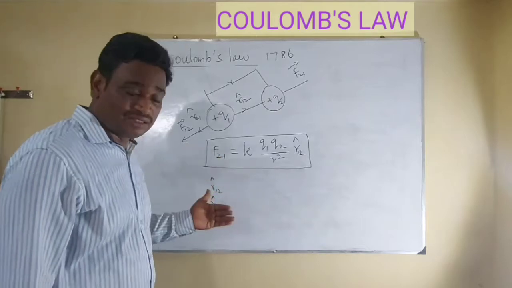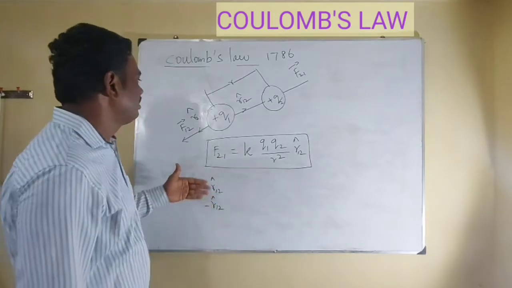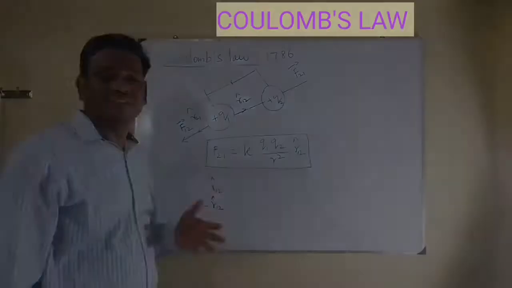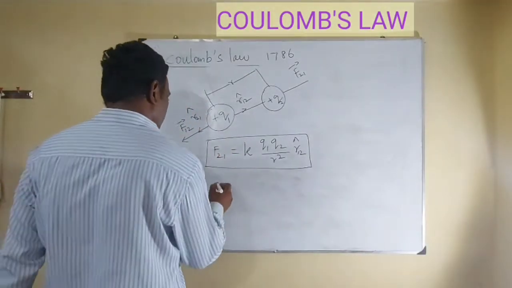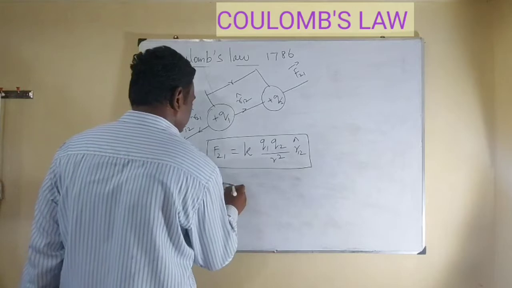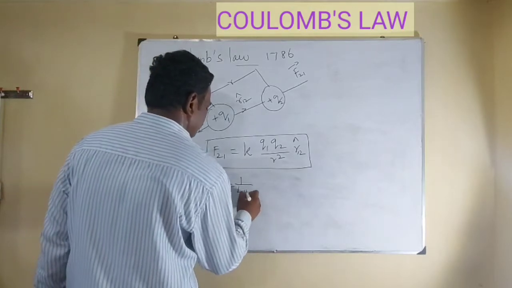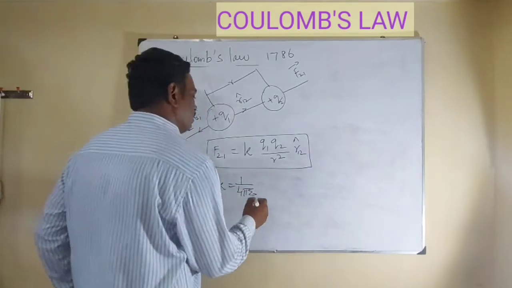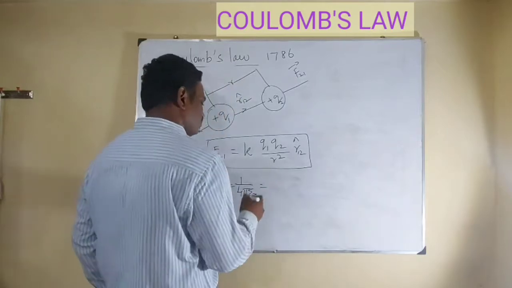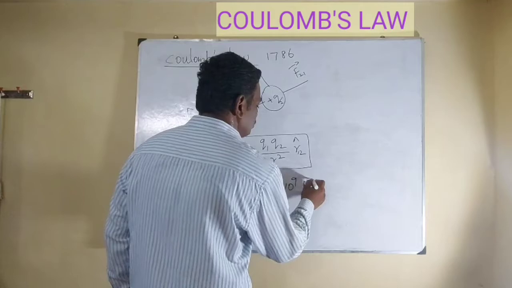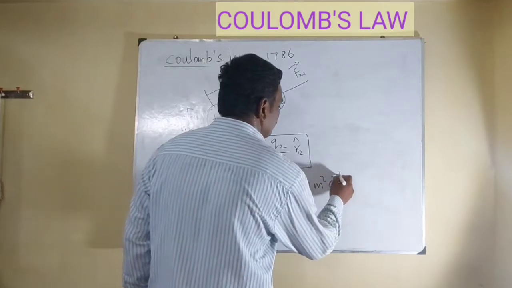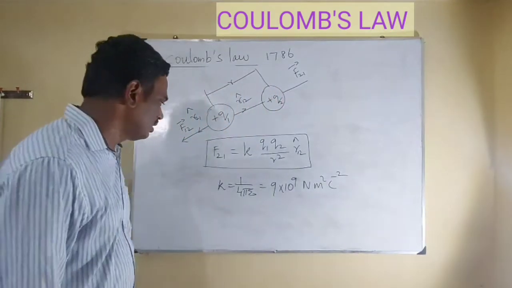First, we stated Coulomb's law and then the direction of the forces. Third, we are going to discuss the constant in Coulomb's law. K is equal to 1 by 4 pi epsilon naught, and its value is 9 into 10 power 9 Newton meter square Coulomb to the power minus 2.